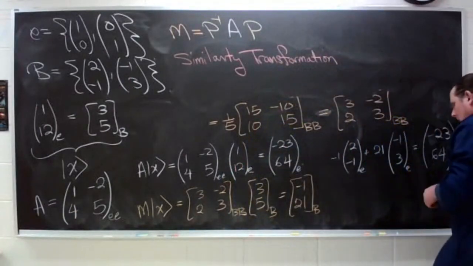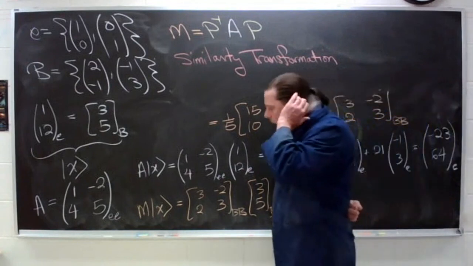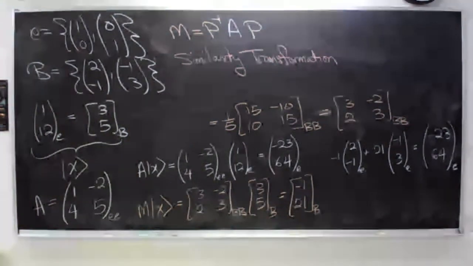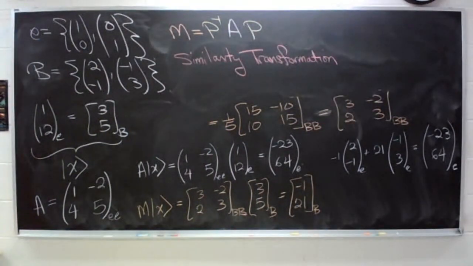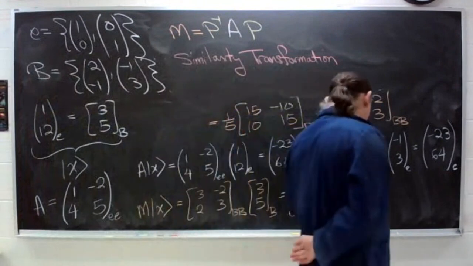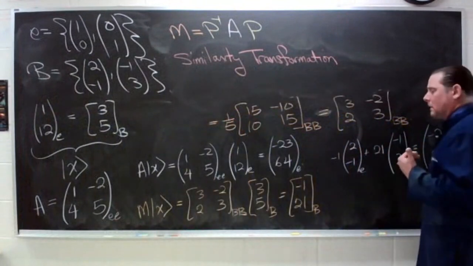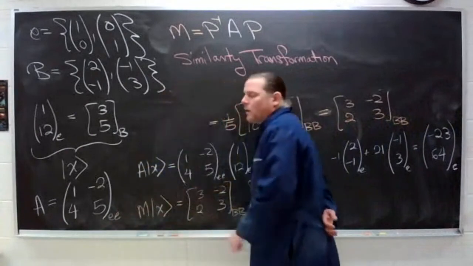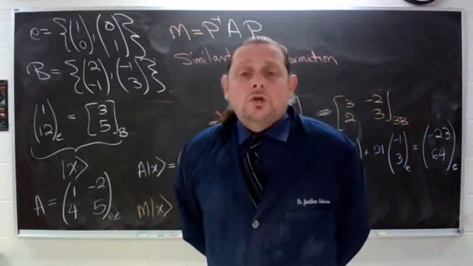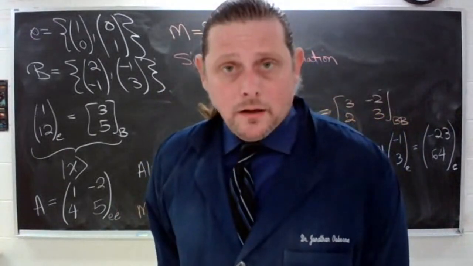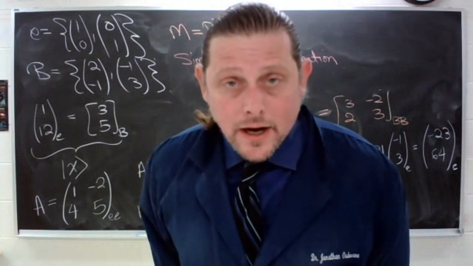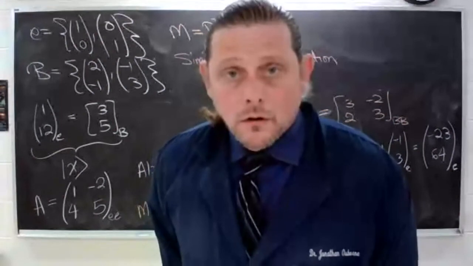All right? So I was saying that not all matrices are similar to matrix A. One way to see that is to recognize that certain characteristics of matrix A are invariant under a similarity transformation.